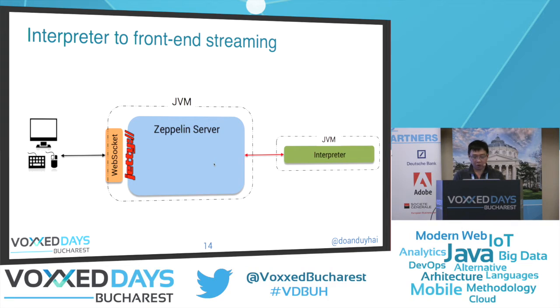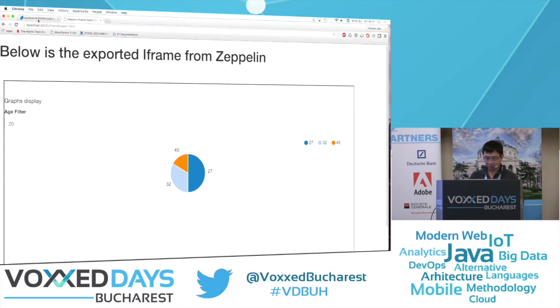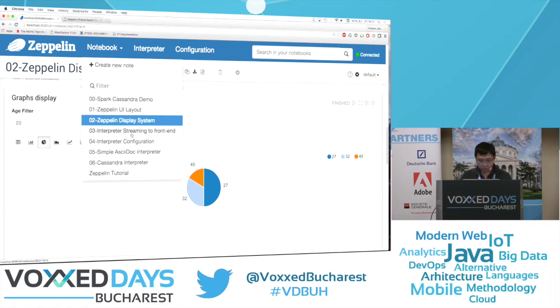So the idea for streaming is, imagine you execute a query on your interpreter on the backend, and the data are coming by page. Okay? Zeppelin will allow you to push new data coming in from the interpreter back to the front end using WebSocket. Some demo. Okay.